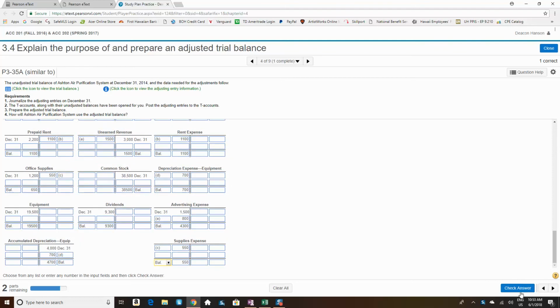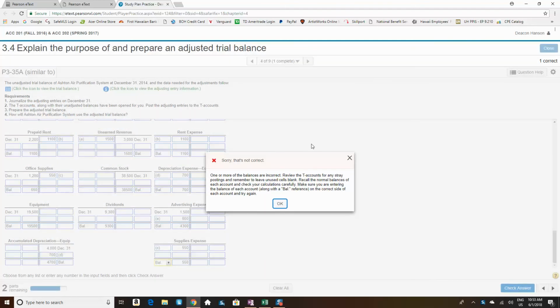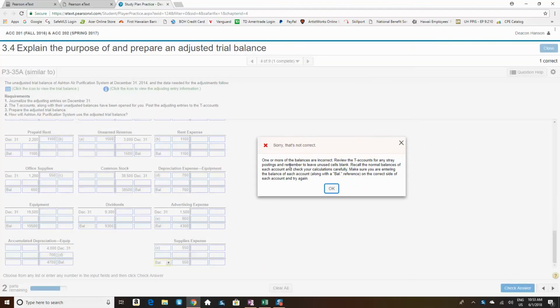We'll check answer. Okay, now when you get an error, take the time to read what it says. One or more of the balances are incorrect. Review the T accounts for any stray postings and remember to leave unused cells blank. Recall the normal balances of each account and check your calculations carefully. Make sure you are entering the balance of each account along with the balance reference on the correct side of each account and try again.